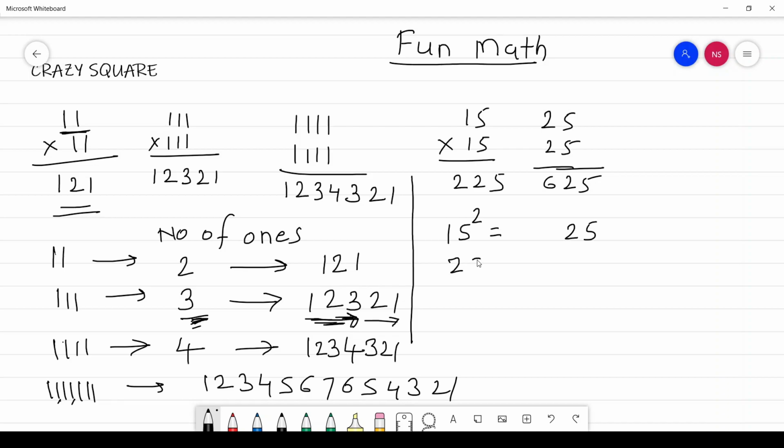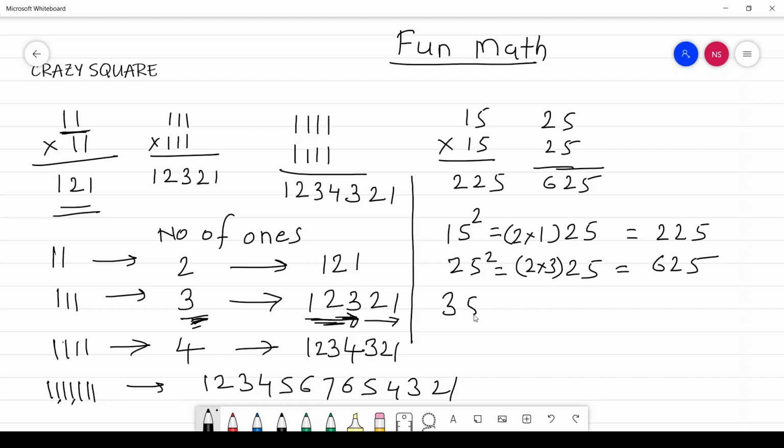The square of 25 again ends with 25, and if you observe the remaining digits, the third digit is 2 into 1, that is equal to 2, so 2, 2, 5. Here the third digit is 2 into 3, the answer is 6, so 6, 2, 5.